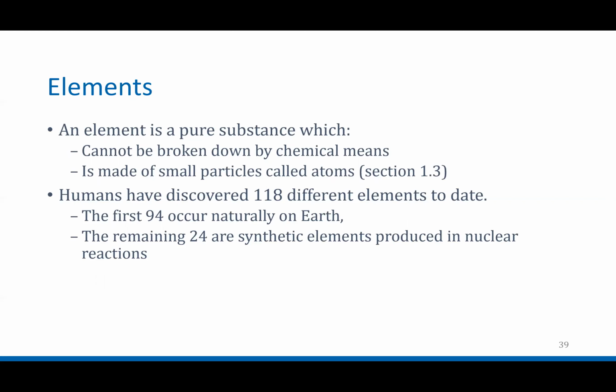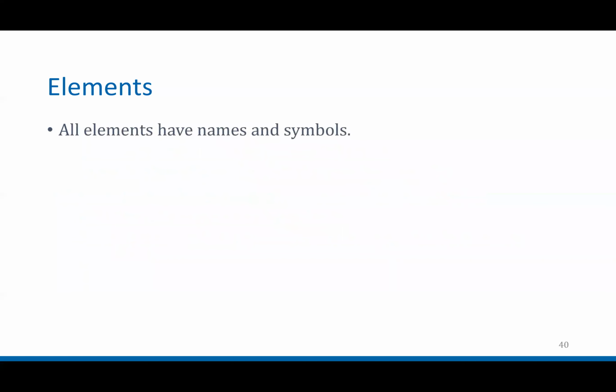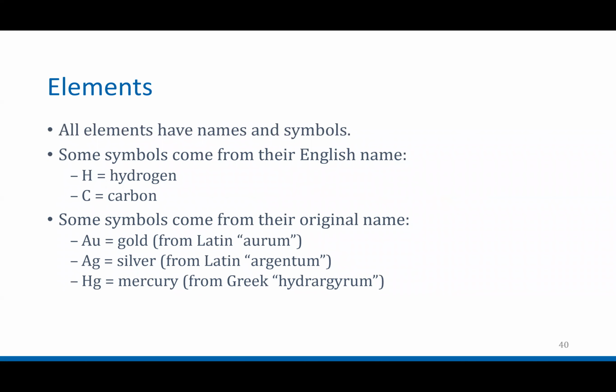But in this course, first year chemistry, and most chemistry courses I've ever done, we typically deal with our naturally occurring elements, the sodium and carbon and nitrogen, oxygen, things we can find on Earth easily and naturally. All of these elements have distinct names and symbols, and this is for a worldwide purpose.